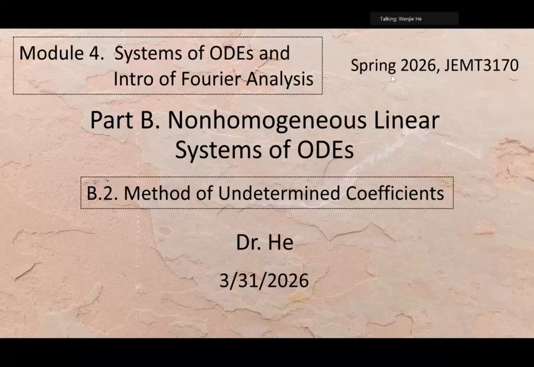All right, B.2, method of undetermined coefficients.